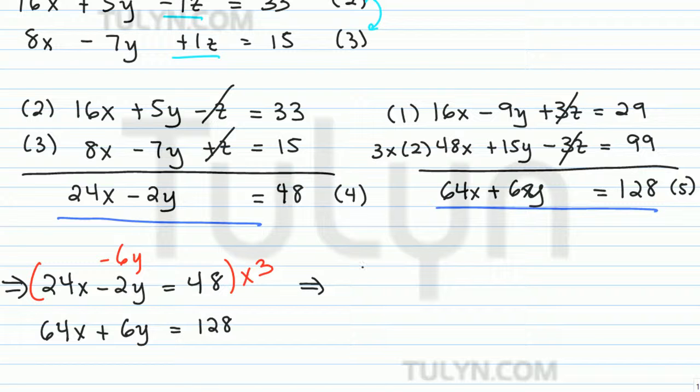So let's do that. So 24 times 3 is 72x minus 6y equals 48 times 3 is going to be 144. And then the second equation we just rewrite as usual.